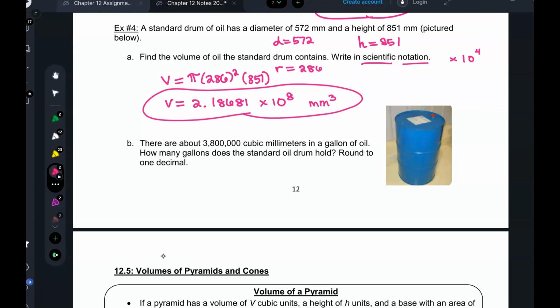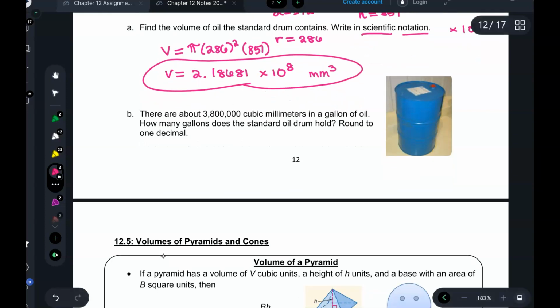Do we divide that by that? Yes, we have to divide. It's like if I told you here's a container and it holds some number of quarts, and there are 4 quarts in a gallon, then to find how many gallons there are, you would divide. So we're going to divide this.